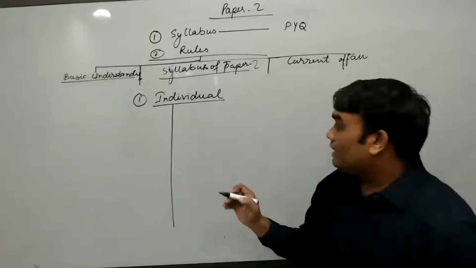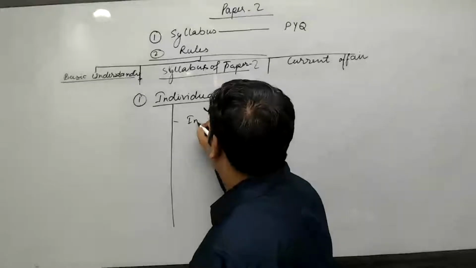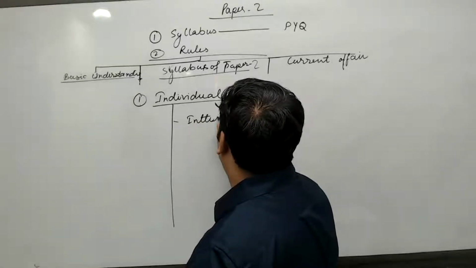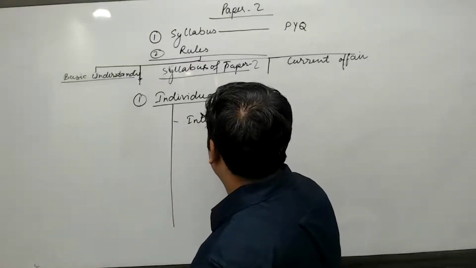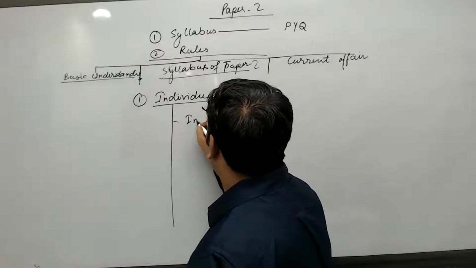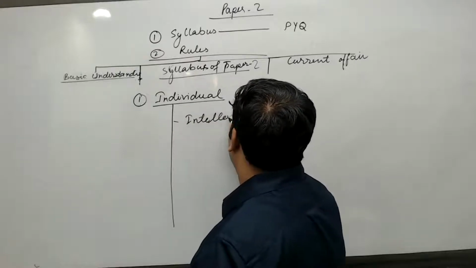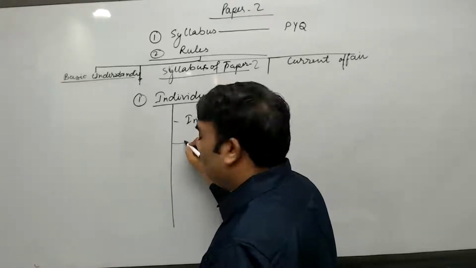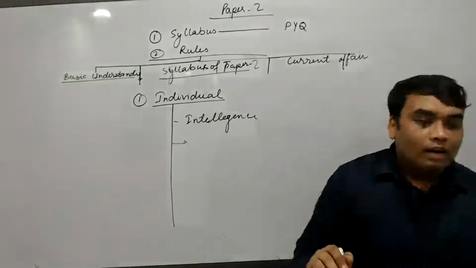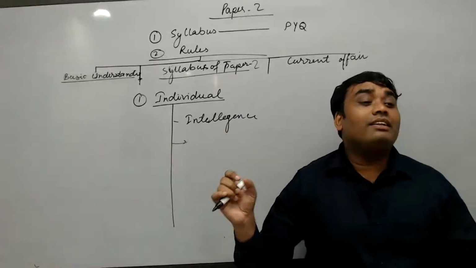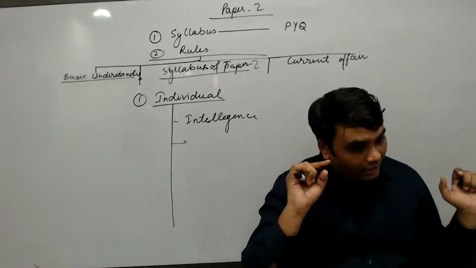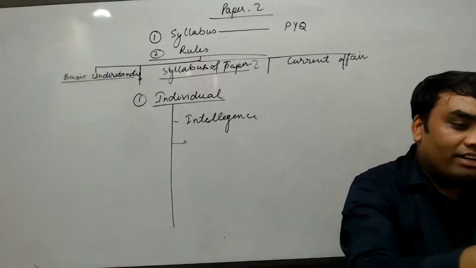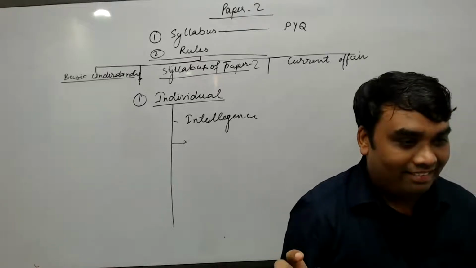The first factor is intelligence. We are different at the level of intelligence. Your intelligence, my intelligence, everyone's intelligence is different.